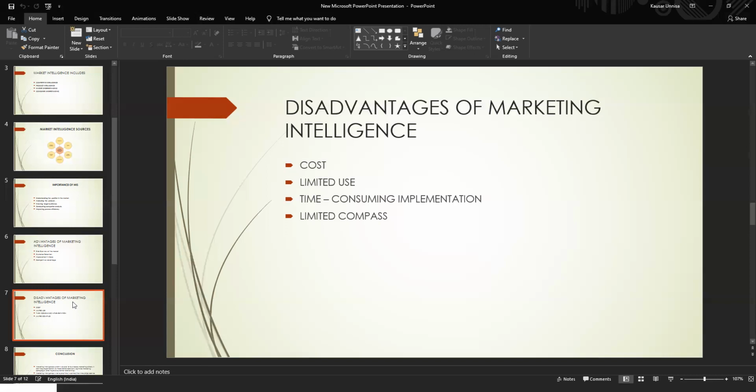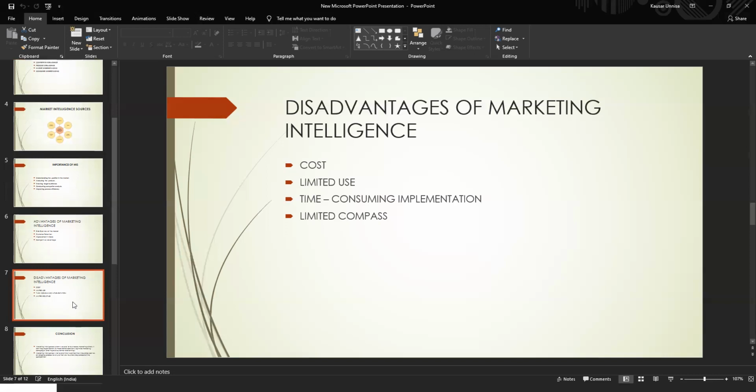That will also become a disadvantage, and it also has a limited compass. Though market intelligence has a number of sources, such as news from company websites or social media, we can still see that limitations are there, because with a limited search, only limited proprietary information will be available.